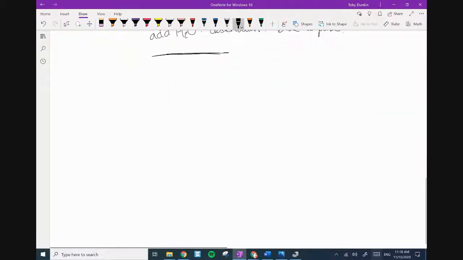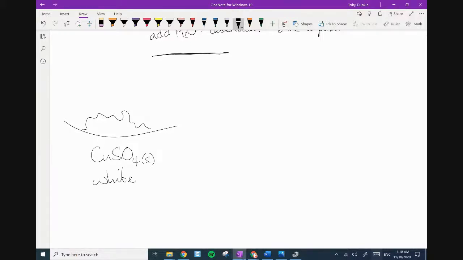But in reality, what I want to talk to you about, and what I would demo in class, is I would get a whole load of solid copper 2 sulfate. Solid. And this is white, and it is anhydrous.